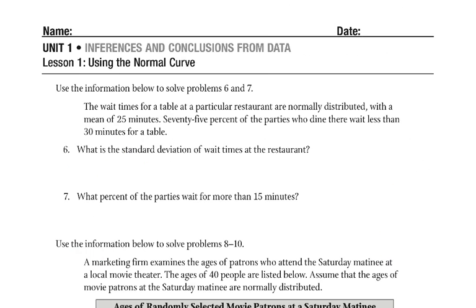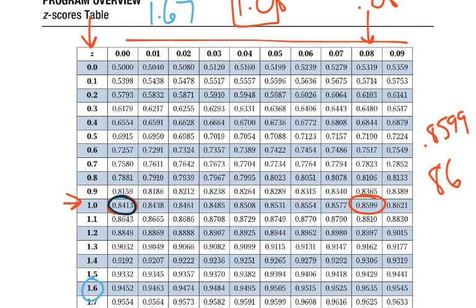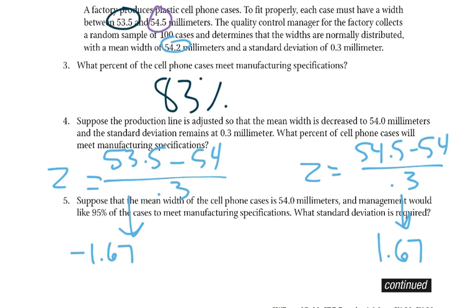Okay. So looking those up, positive 1.67, I go to 1.6, which is right down here, and then 0.07, which would be right here, and we find that that's 95.25, so 95%.